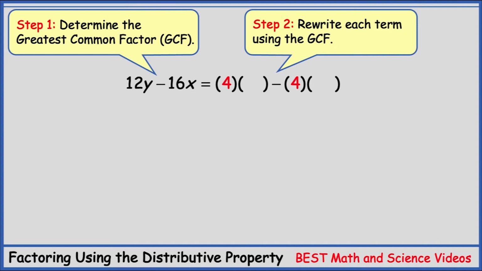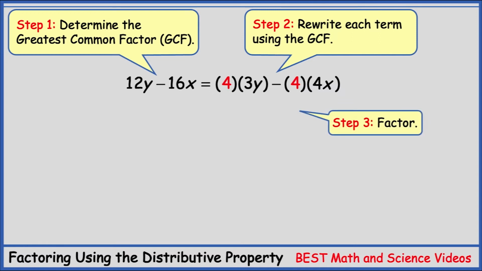Okay, so now think. 12y equals 4 times what? 3y. And 16x equals 4 times what? 4x. Now, step 3 is to factor using the distributive property in reverse.